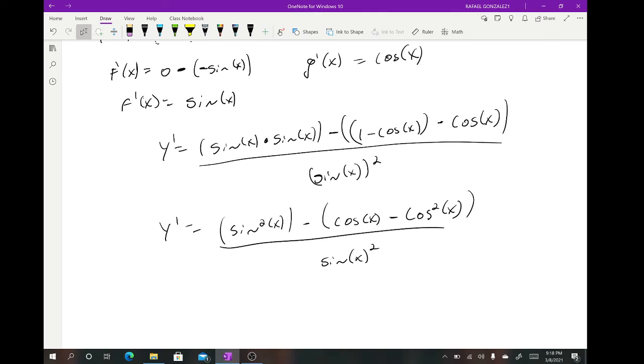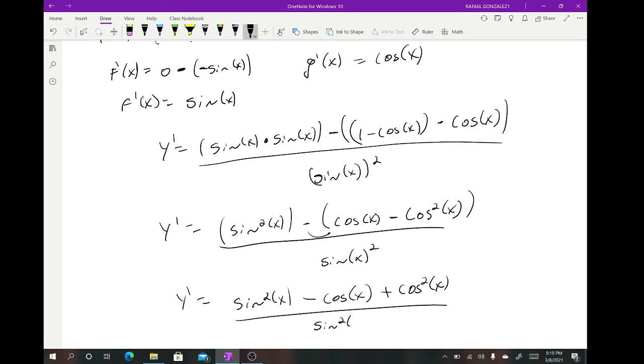Okay? And now we could distribute that negative sign. So we have sine square x, and then minus cosine of x, plus cosine square x, divided by sine square x.